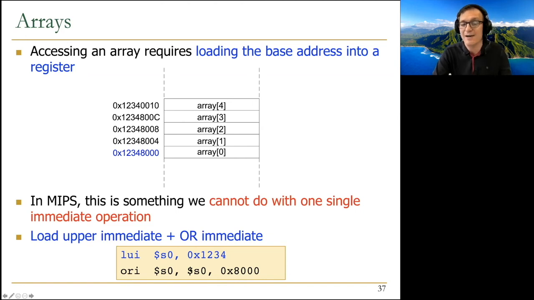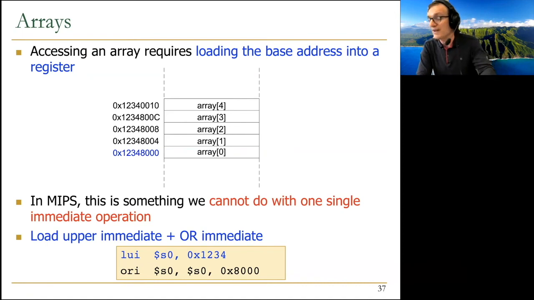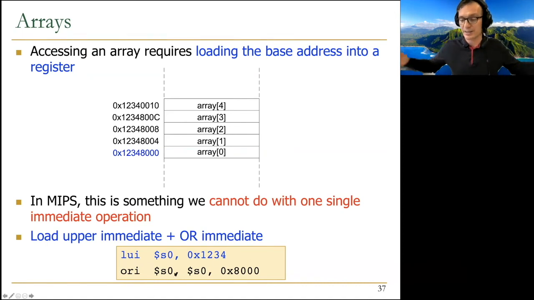And then now you have this base address of the array in S0. So now you can see how we can construct an address. This is very similar to LEA, load effective address in LC3, except it's more powerful because now you can load a 32-bit value over here.